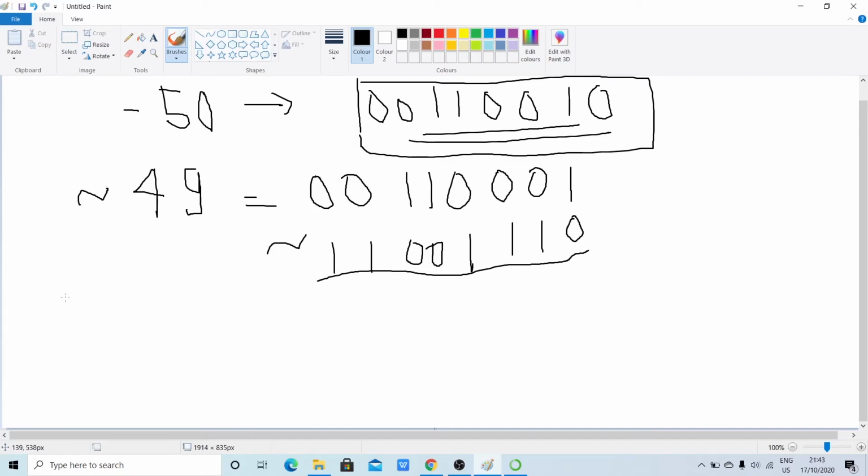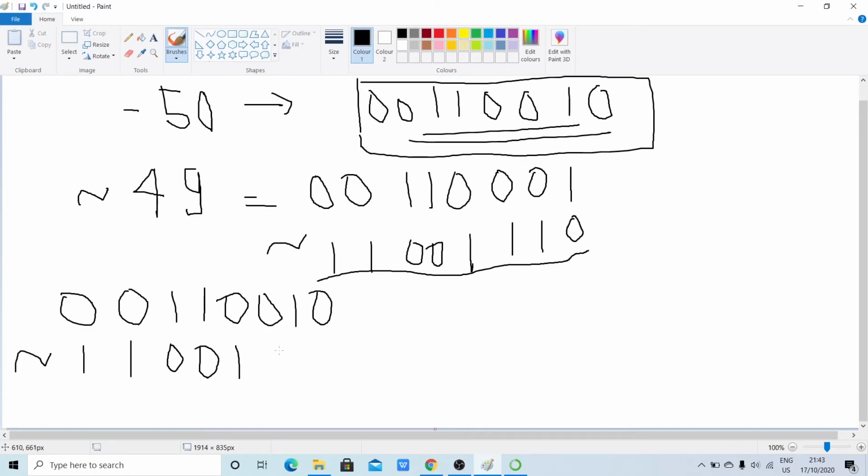So basically we have 0 0 1 1 0 0 1 0, and when we find the complement it is 1 1 0 0 1 1 0 1. So this is the complement of 50. This is actually the binary form of plus 50, and by doing the complement we can find out the representation of minus 50.